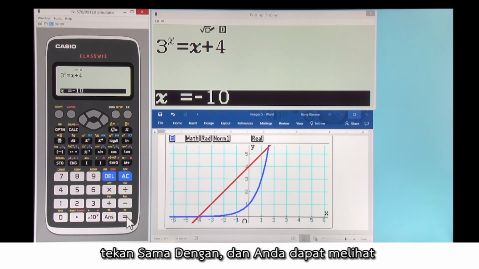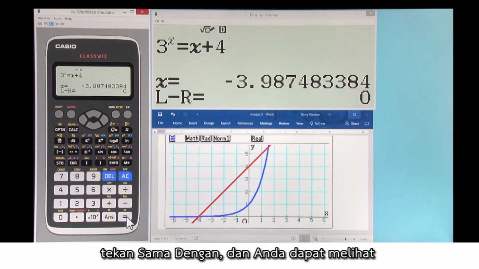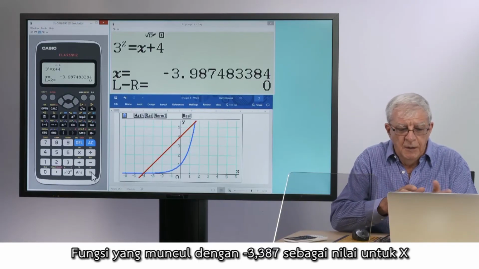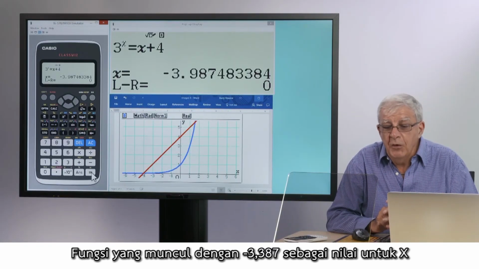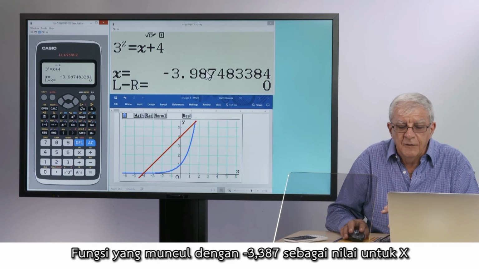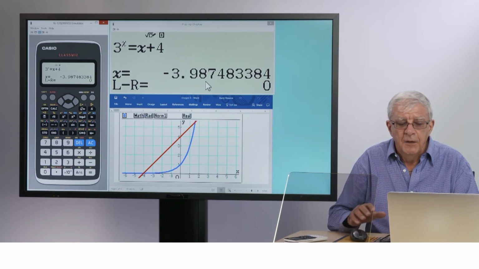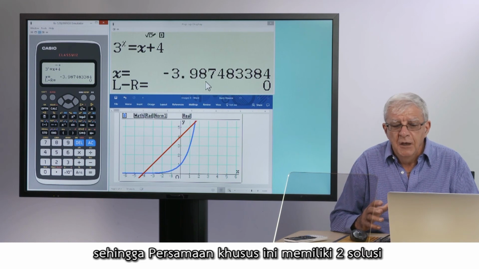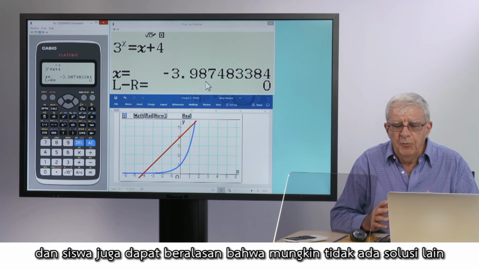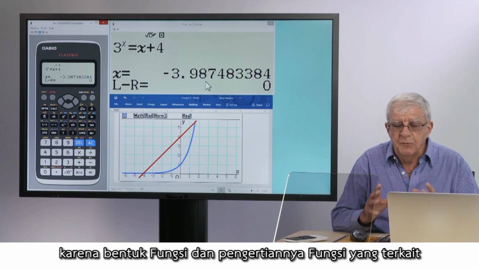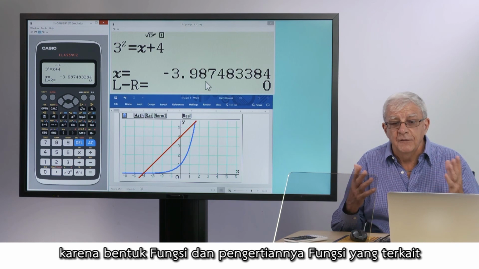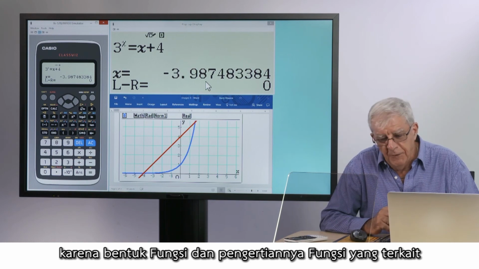So now tap equals, and you can see the function comes up with -3.987 as the value for x, and once again the left side and the right side are equal to 0. So this particular equation has two solutions, and students can reason that there probably aren't any other solutions because of the shape of the function and understanding the shape of the function that's involved.